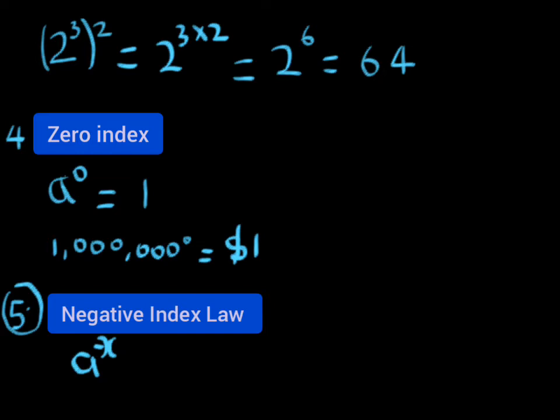According to the laws of indices, the negative sign at your power always causes your value to be in the reciprocal form. So this becomes 1 over a raised to power x. To eliminate the negative sign, we had to take the reciprocal.